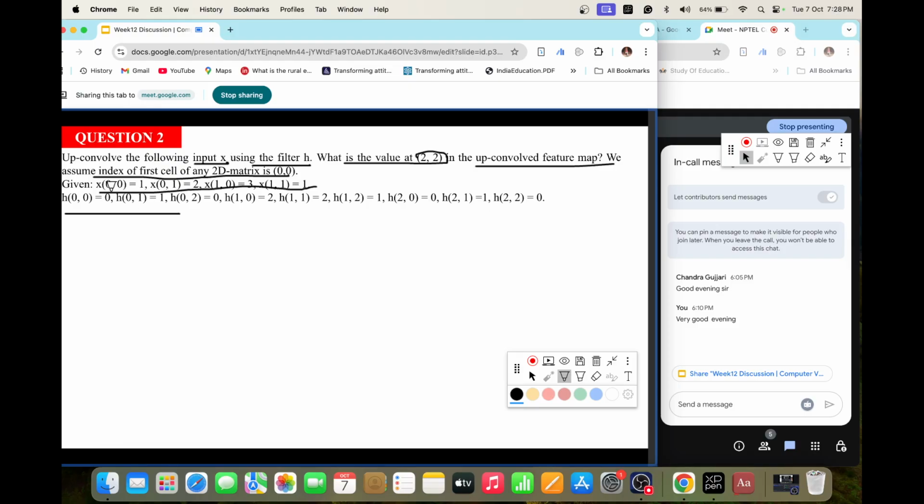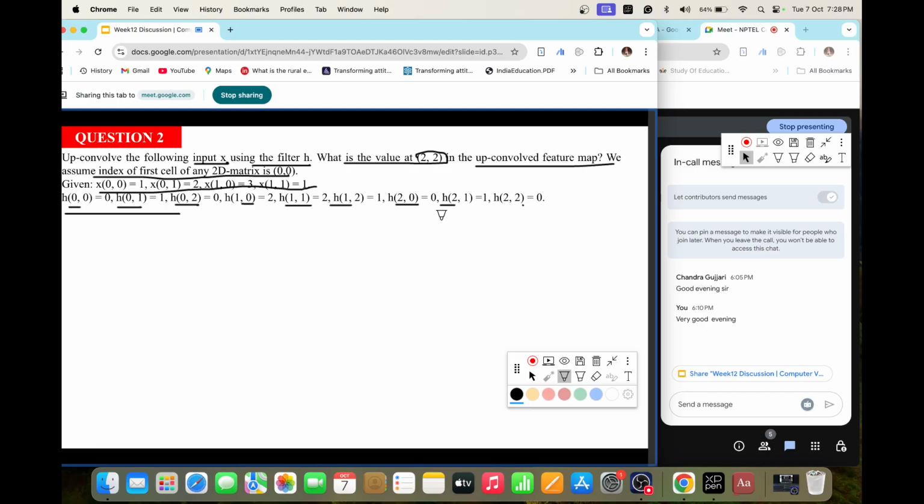So x 0,0, 0,1, 1,0, 1,1 is a 2 cross 2 matrix. Similarly, this h 0,0, 0,1, 0,2, 1,0, 1,1, 1,2, 2,0, 2,1, 2,2 means it is a 3 cross 3 filter. So it is a 2 cross 2 image and a 3 cross 3 filter.